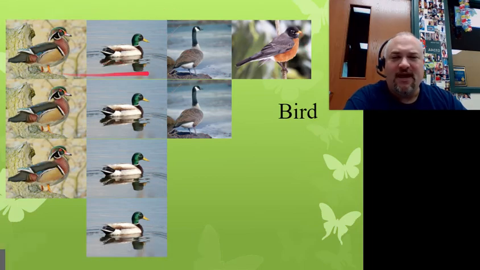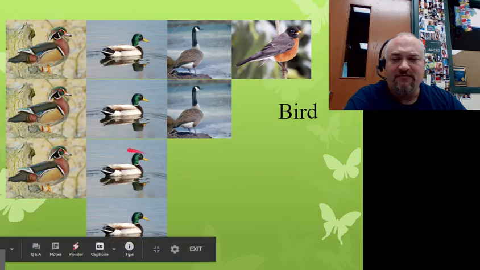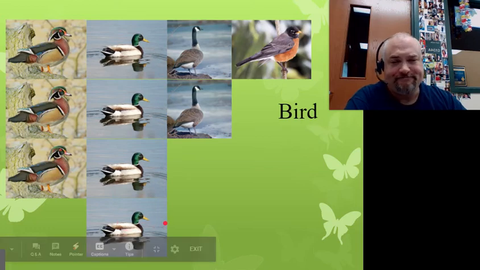Now we can separate these out. Here's a songbird, and these are waterfowl. So now we just take out the smaller subgroup of birds known as waterfowl. We can break those out into an even smaller subgroup of just ducks. And within the ducks, we can break it down to an even smaller group, down to a specific species, the mallard duck.